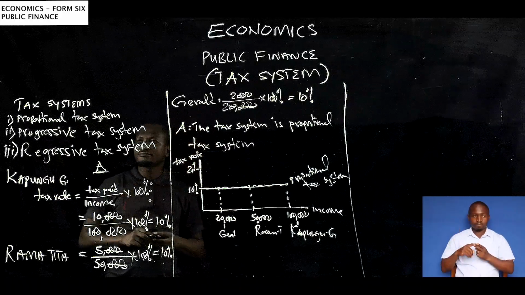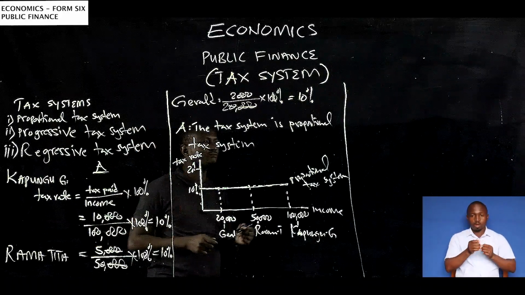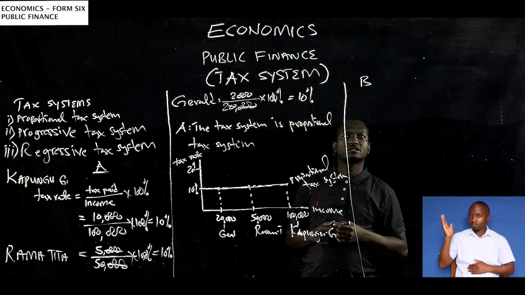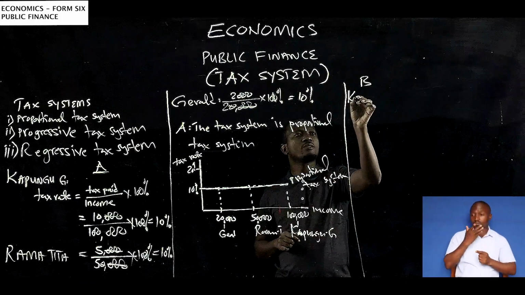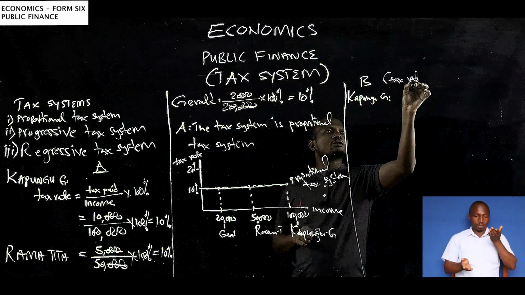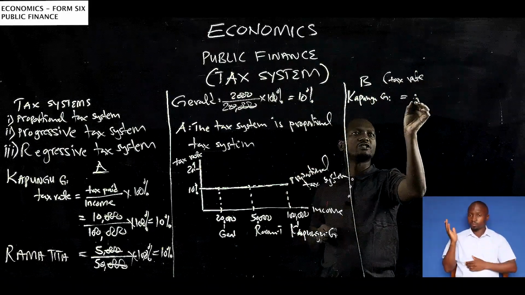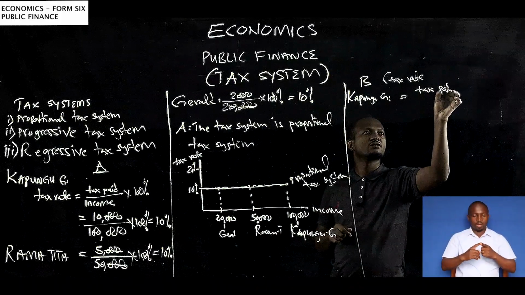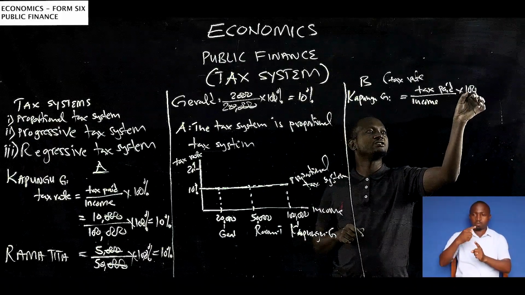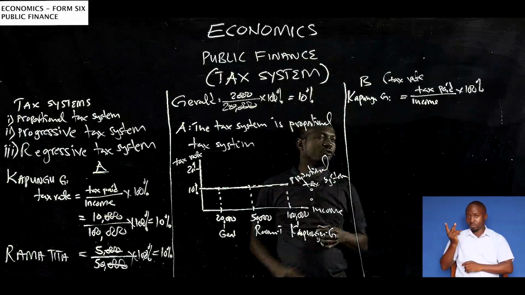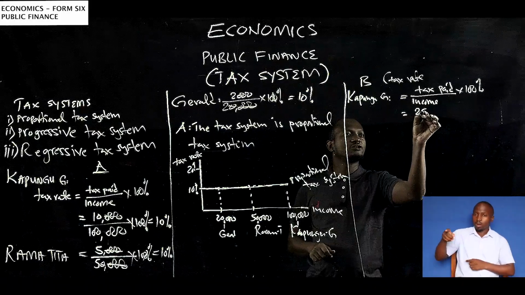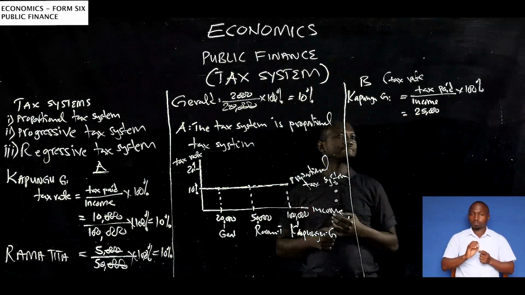And let's see column B. At column B, let's start with Mr. Kapungu G. Column B, tax rate. We take tax paid over income times 100%, as we have seen at column A. At column B, Mr. Kapungu paid 25,000 tax.